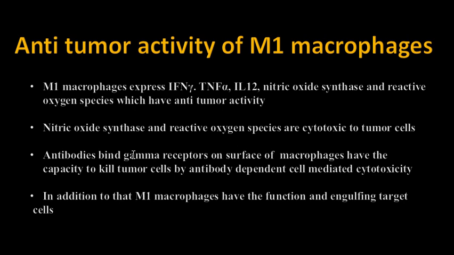And as you may know, macrophages express Fc gamma R1 and Fc gamma R3 receptors, and these are specific for IgG antibodies. So when immunoglobulin G captures a tumor cell, it binds to the specific receptor on the surface of macrophages, and this will lead to activation of macrophages, which produce these cytokines, which have anti-tumor activity.